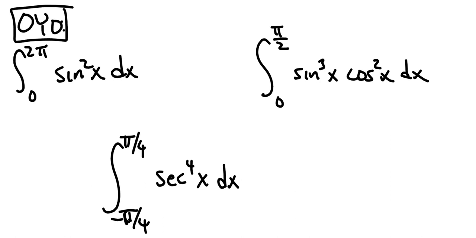I will tell you that one of these integrals has the value 8/3, and one of them has the value pi, and one of them has the value 2/15. And you should figure out which is which, and our 15 minutes are up.